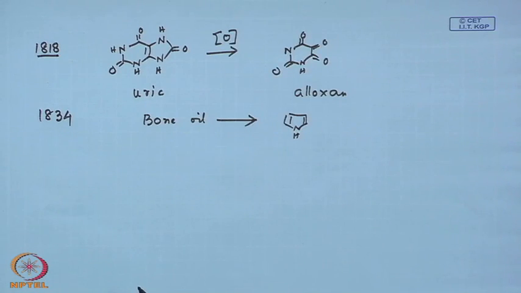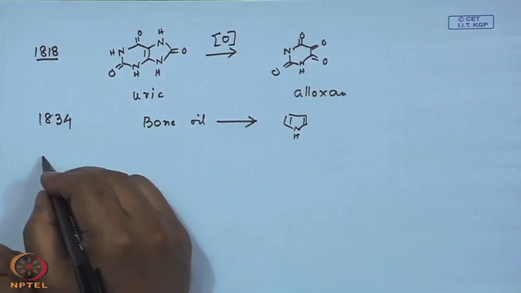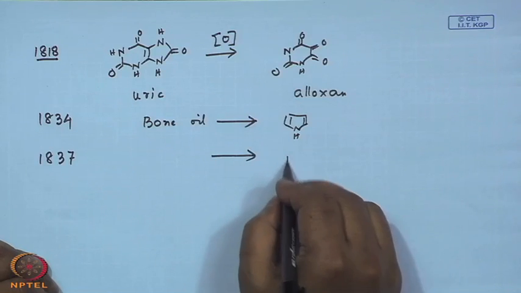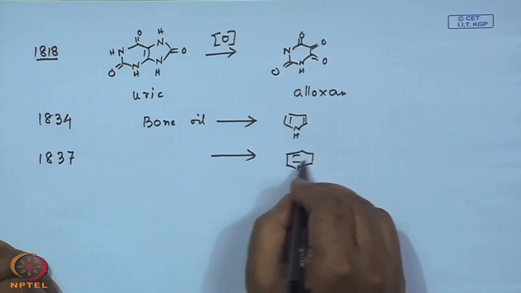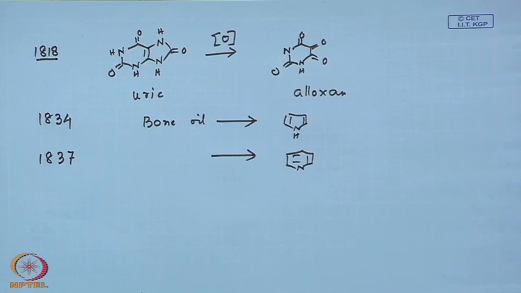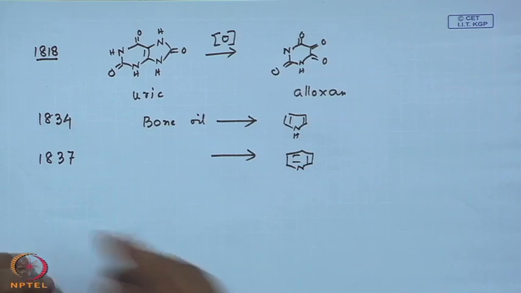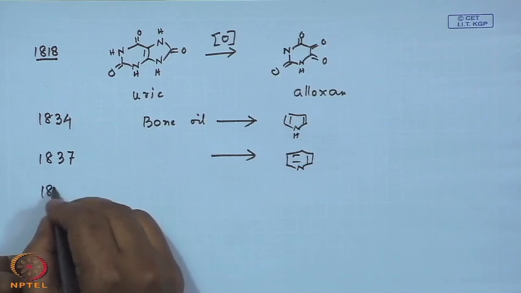That means pyrrole was known since 1834. Then go to the next one, very similar distillations also produced pyridine. I mean, you can go on writing this and that, but I will write one more.